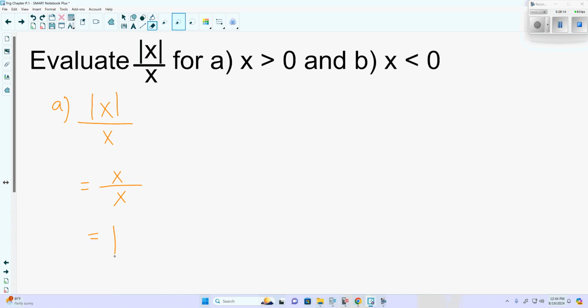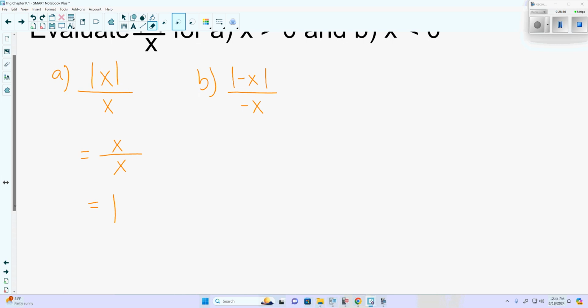All right, let's look at the next case, where X is less than 0. That means our value of X is going to be what? Negative. So let's say that this is our negative X, and the top is also going to be negative X. Now the absolute value of negative X, well, the negative is going to become positive.